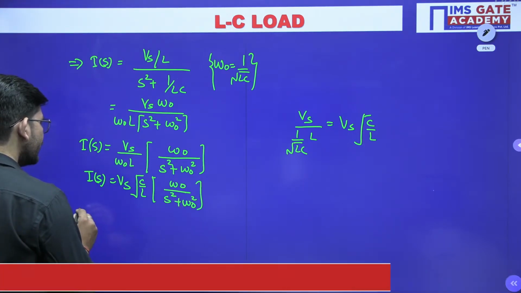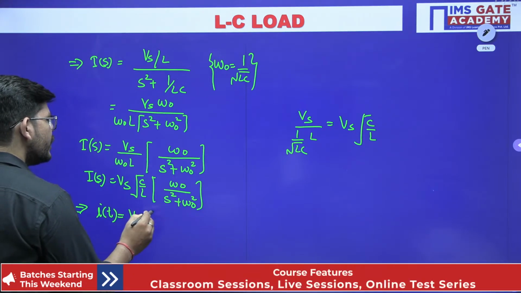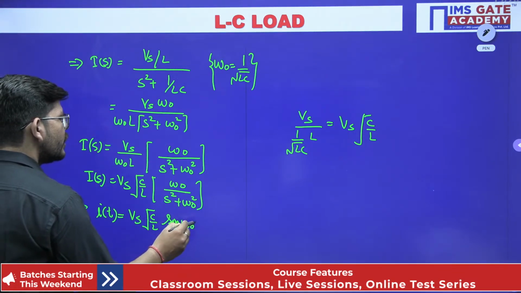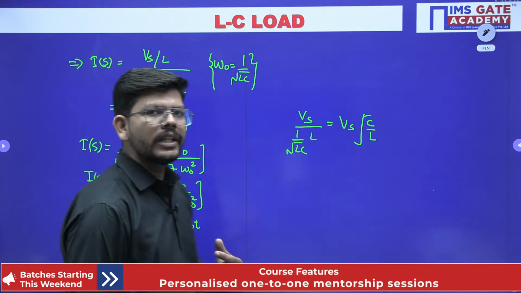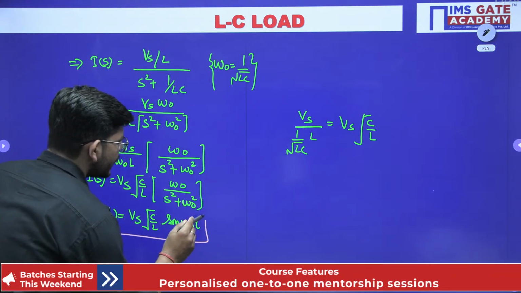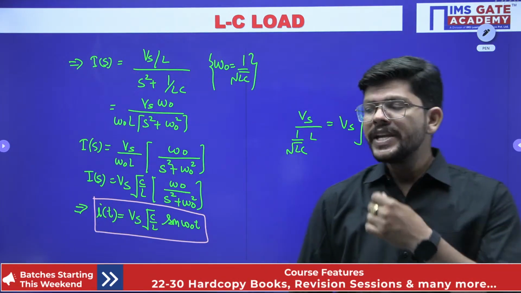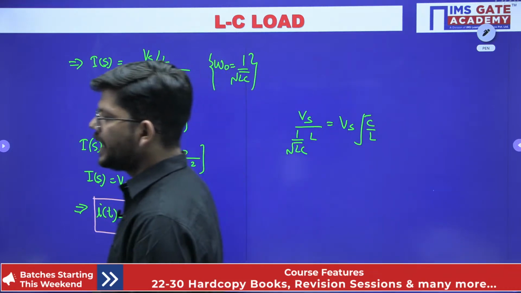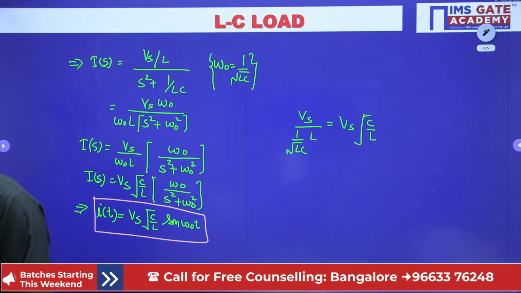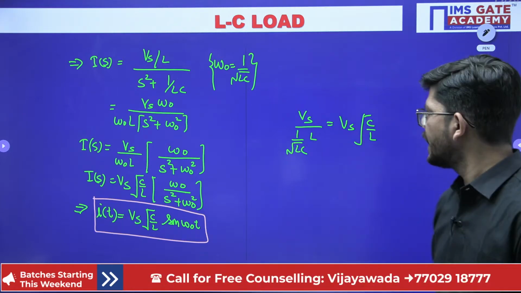And if I take the inverse Laplace transform, it will be Vs under root C by L sine of omega naught t. You know this is the Laplace transform of sine omega t. So this particular expression I have obtained for current in this circuit. Is that clear? I suppose that you are not having any problem in calculation of this.